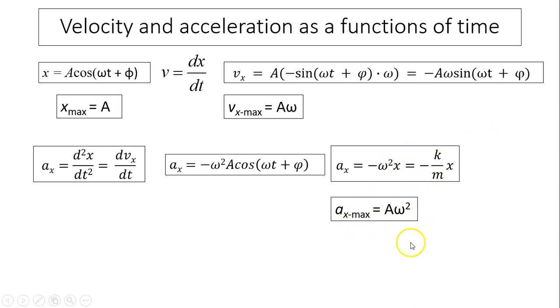The maximum acceleration occurs when x is A, that's when a is max. So the maximum value is A omega squared. As you can see, we have the same expression as before. We derived this before from F equals negative kx and a x equals F over m.